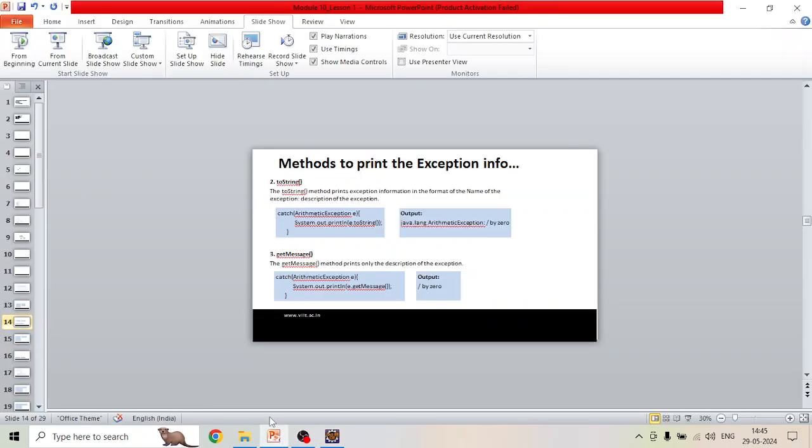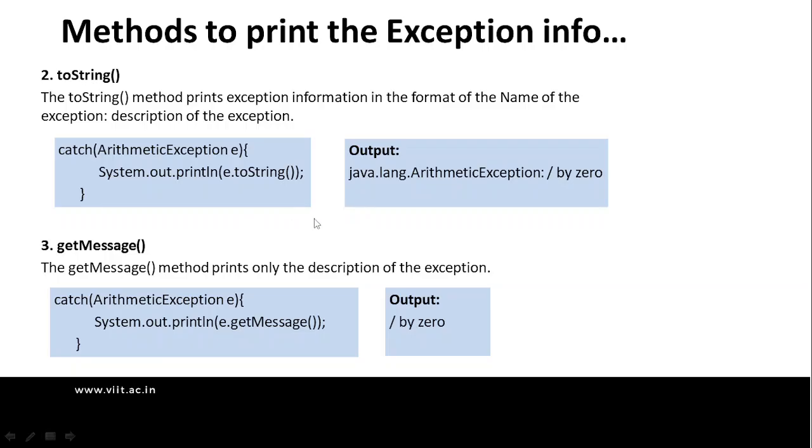Then the third option we have is getMessage. Another third mechanism is to use the getMessage method.